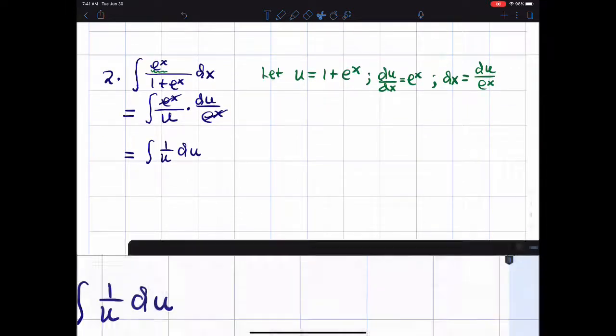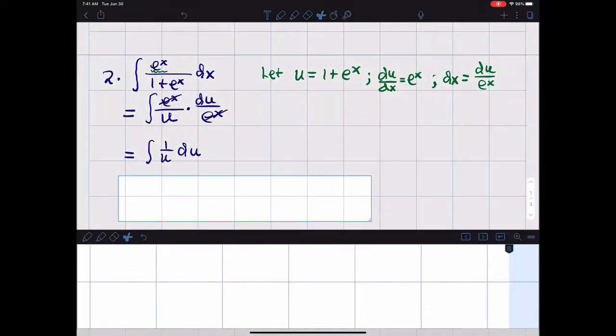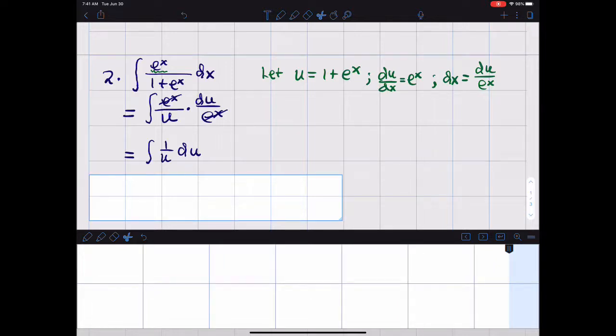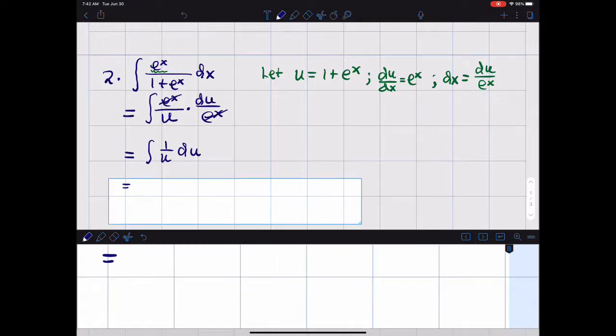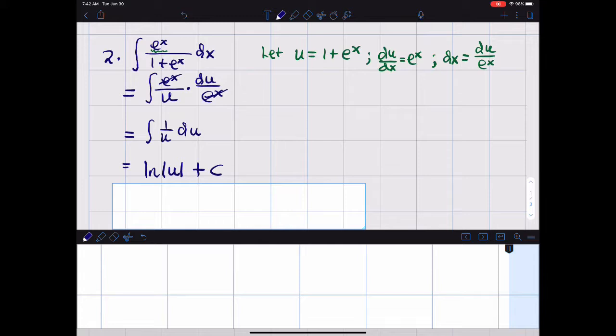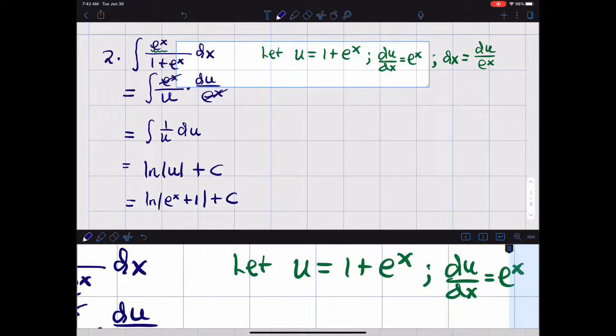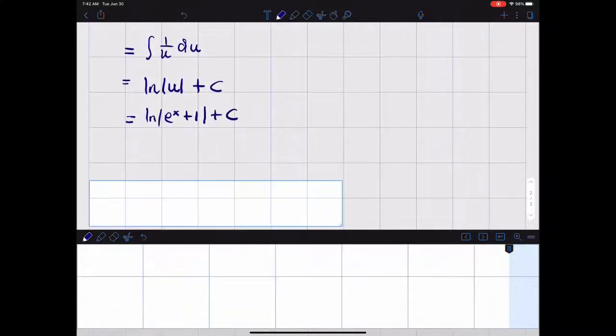I'm not wasting any paper, so I'm good. So this is the natural log of the absolute value of u plus c, and this is the natural log of e to the x plus 1 plus c. Remember, our u is 1 plus e to the x.